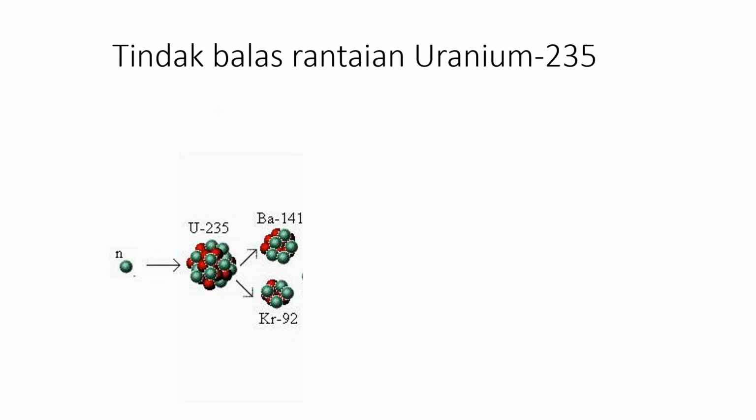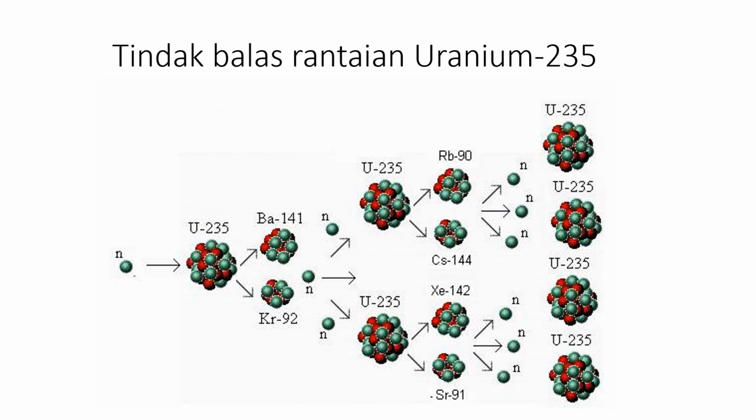Remember, in one reactor vessel, we can have thousands of uranium-235 and we will have thousands or more chain reactions of uranium-235 in the reactor vessel. This is just the example of chain reaction of uranium-235.